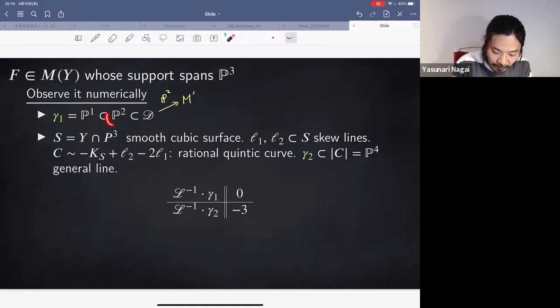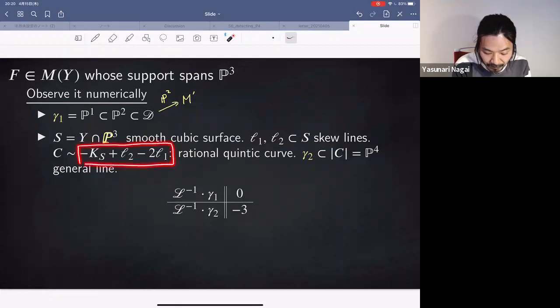So we take fiber P2 and take a line. So this is gamma 1. And another curve is just take intersection with P3 inside of P5. Then we get a smooth cubic surface. I mean, the Y was the cubic fourfold, and S is a smooth cubic surface, and take two skew lines and look at this linear system.